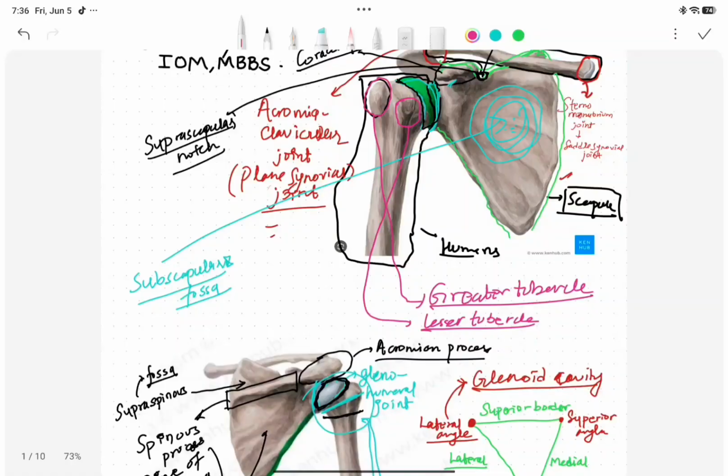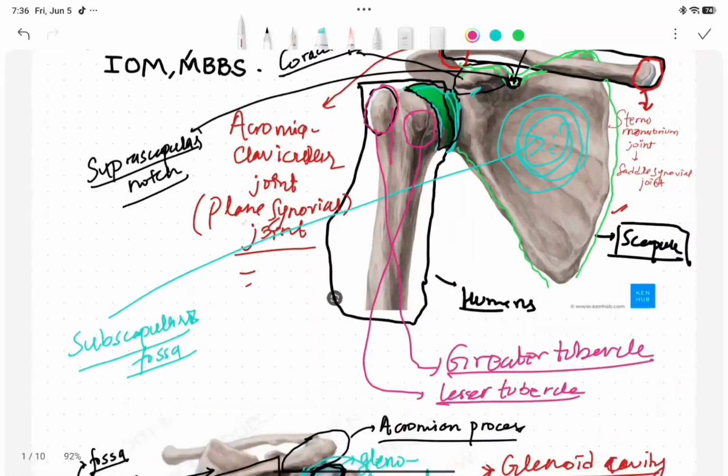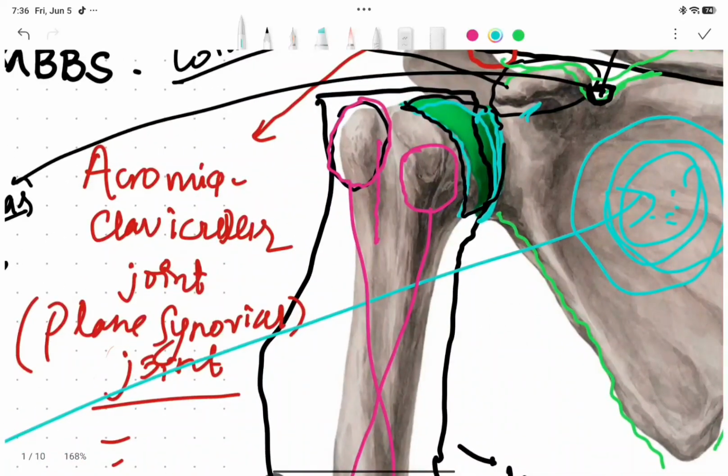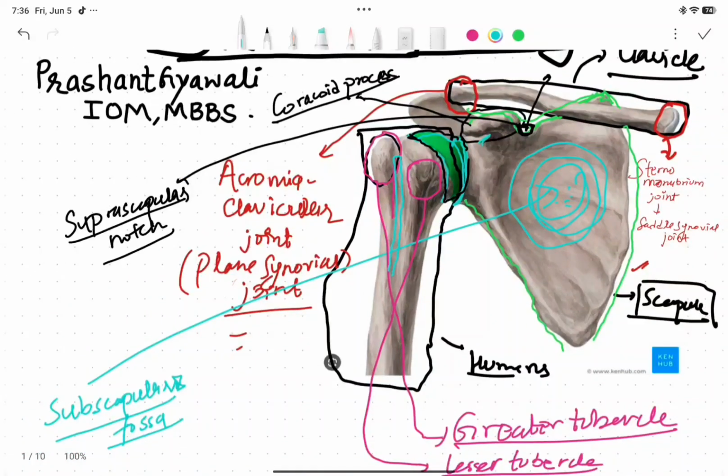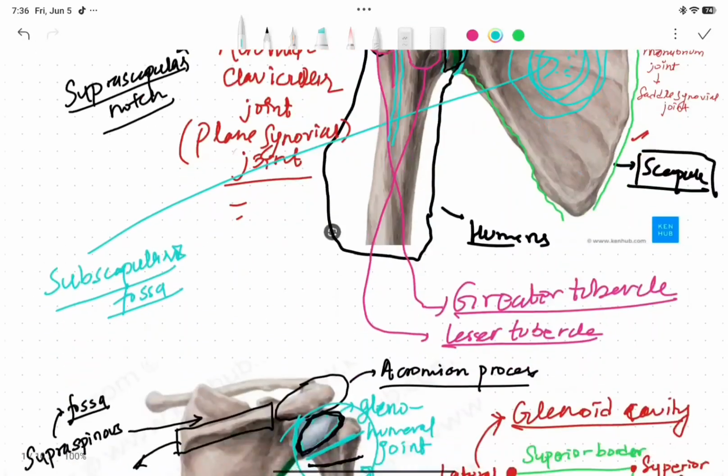Between these two tubercles there is a depression or groove, which is known as the intertubercular groove or sulcus.